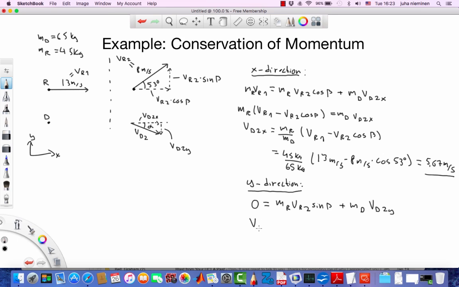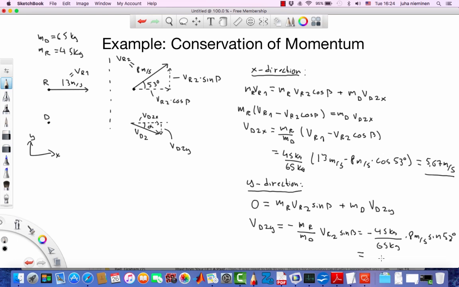And solving for that, it's going to be minus mR over mD times VR2 sine beta. And Rebecca's mass is 45, and Daniel's is 65. Then VR2, that's 8 meters per second, and sine 53 degrees.